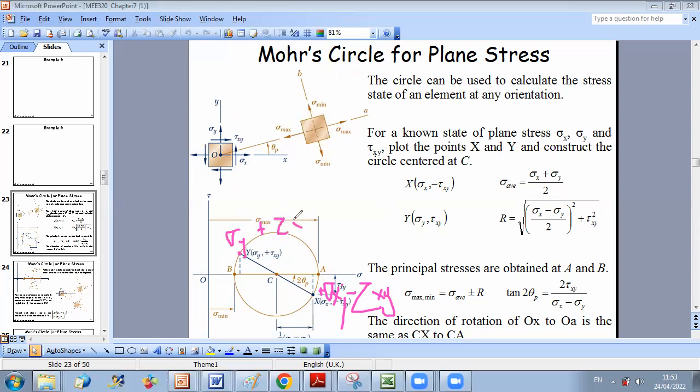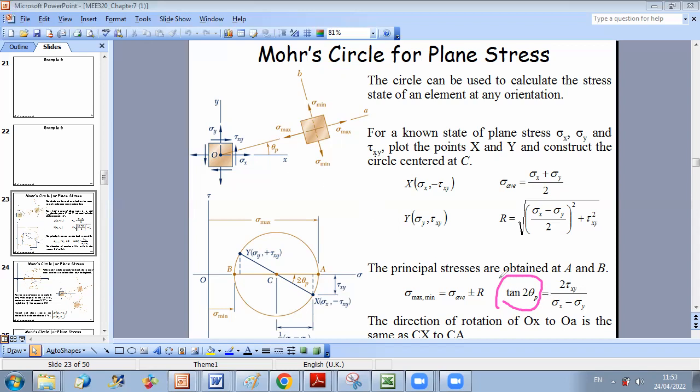It's very simple, because from my derivation, when I found the angle between the principal axis and axes x and y, I found that this angle is given by tan 2 theta p equals 2 tau xy over sigma x minus sigma y.